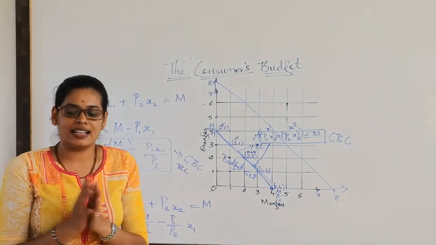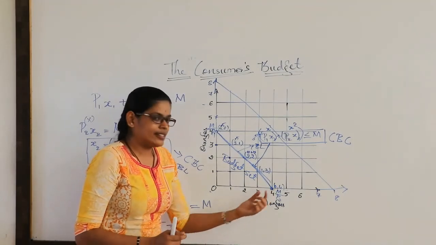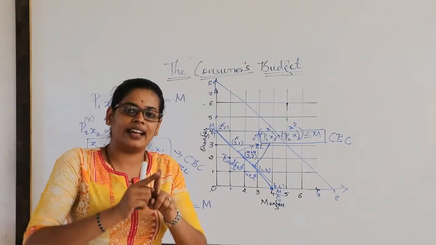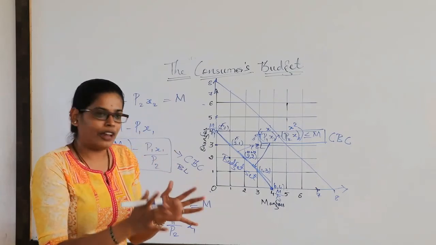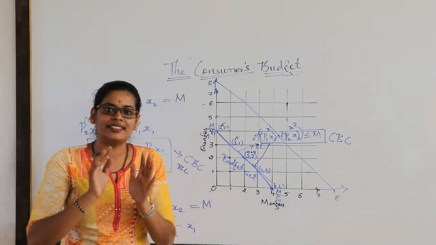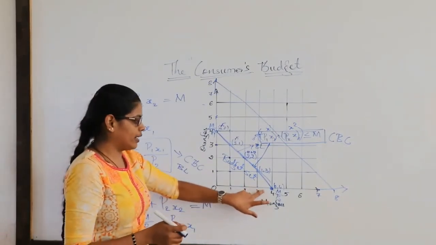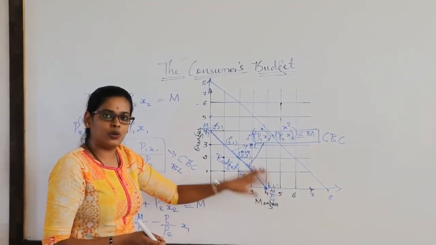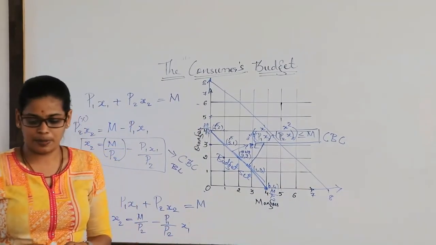But intersecting and intercepting are two different things. Intersecting means the lines cross each other and then head off in their normal ways. But an intercept is the point where the line stops. That's why we call it the horizontal intercept at M divided by P2 and the vertical intercept at M divided by P1.